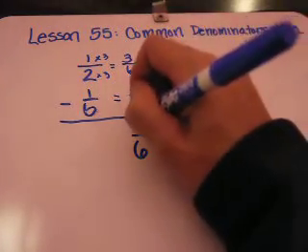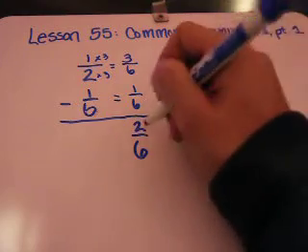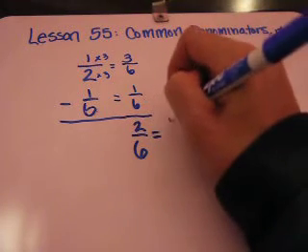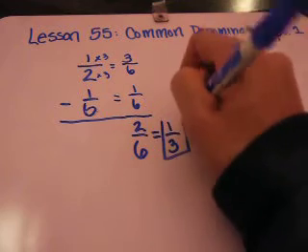Now we do 3 minus 1 is 2. Okay, almost done. I just noticed that these are even numbers, and 2 goes into 6, so we can reduce that: 2 divided by 2 is 1, 6 divided by 2 is 3, and your final answer is 1/3.